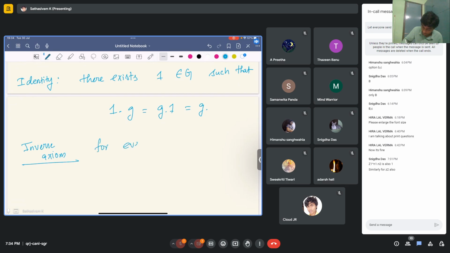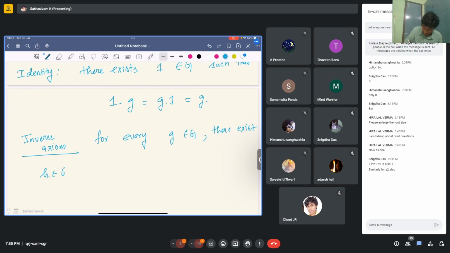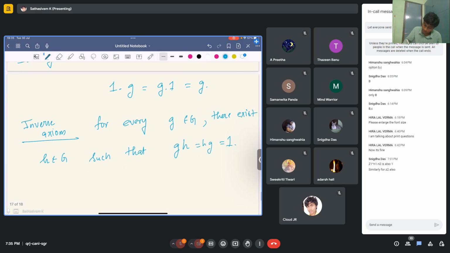So for every g belongs to G, there exists, let's say, h belongs to G, such that gh equal to hg equal to 1. Okay, usually we call this h as g inverse. So g inverse is just any element such that gh and hg equal to 1.